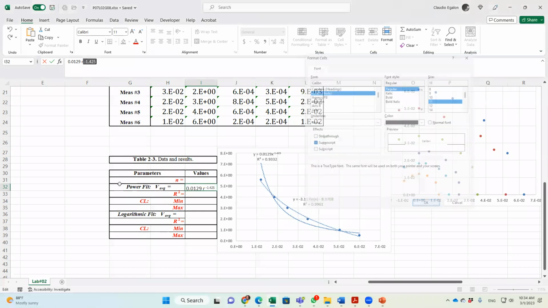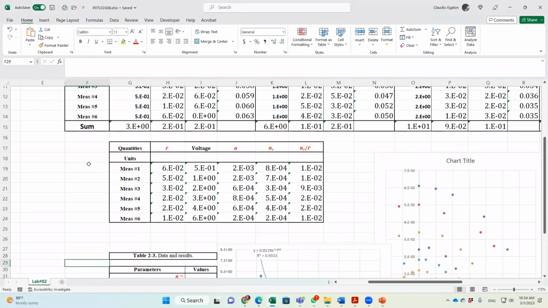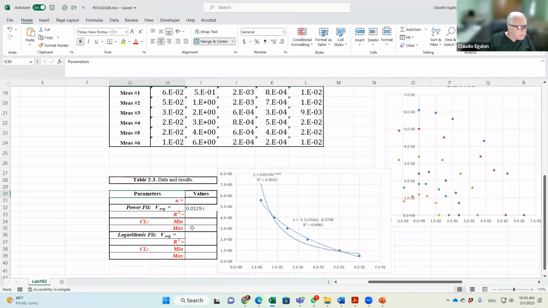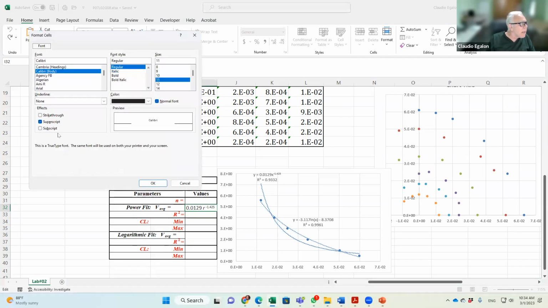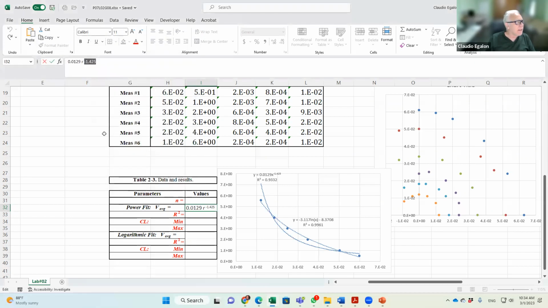Superscript. Oh, I see it now. Yeah, I did it. Thank you. Sometimes you can also find that by right clicking, smart lookup, format cells. Let me see. Yes, see the superscript listed. So that's another way of doing it. Doing a right click sometimes is far more convenient than looking at the top.